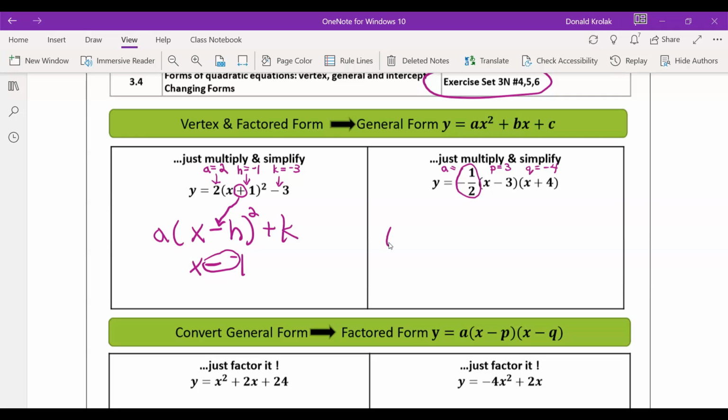So x plus 1 is the same as x minus -1. When it's written like that, it reveals the true value of h. So if it was already x minus 1, you don't have to do that. Now h is 1.